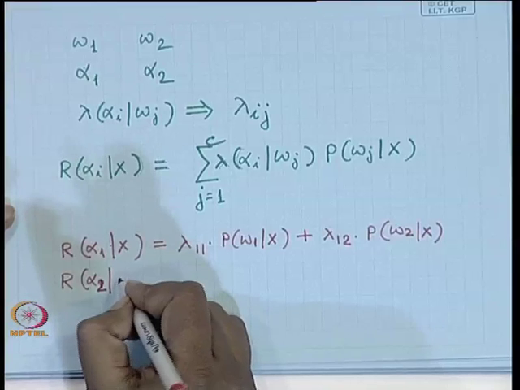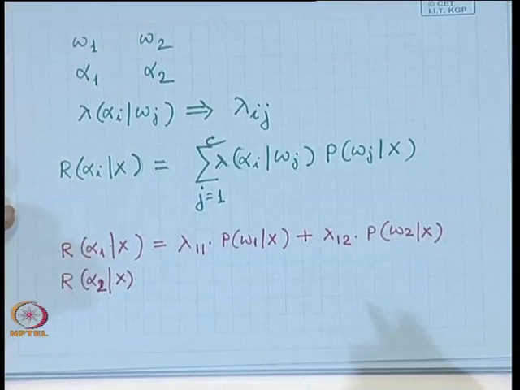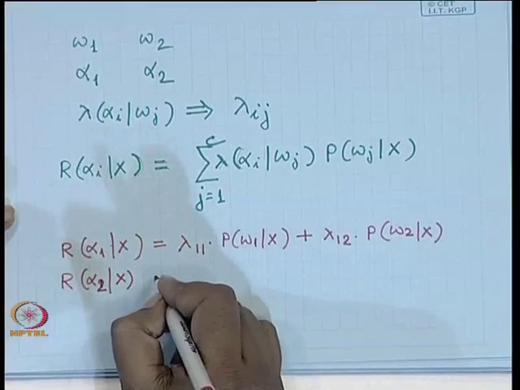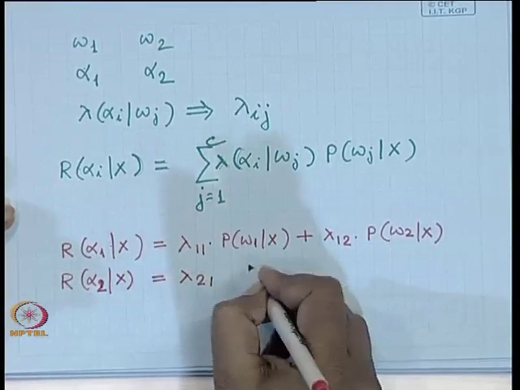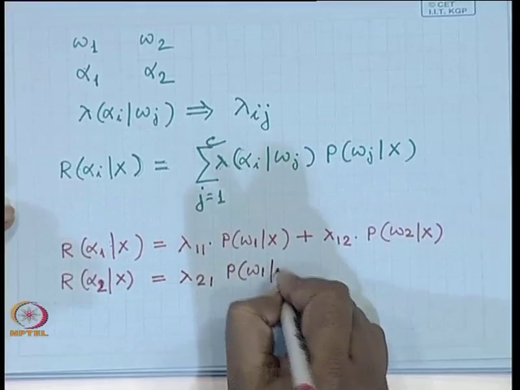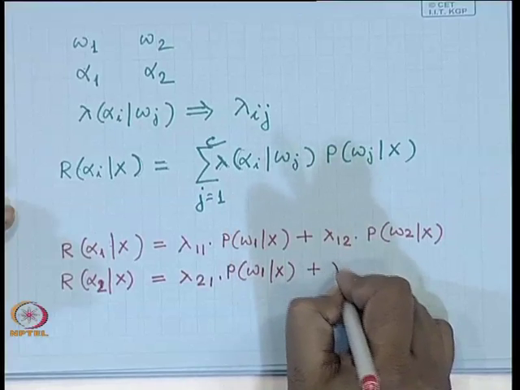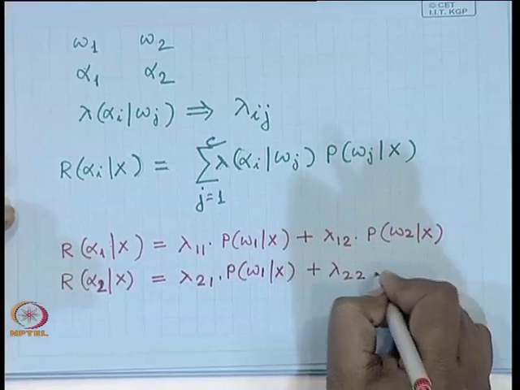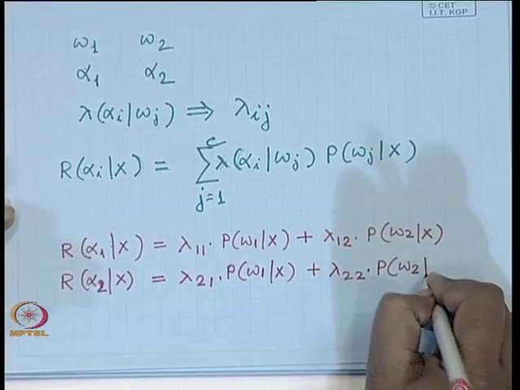So, the risk involved for taking action alpha 2 on observation vector x is nothing but lambda 2 1 into p of omega 1 given x plus lambda 2 2 into p of omega 2 given x.